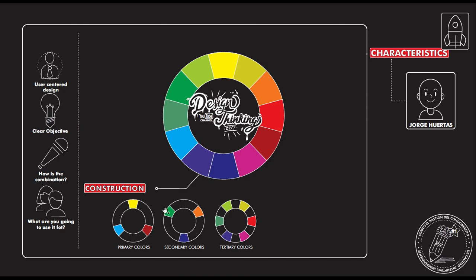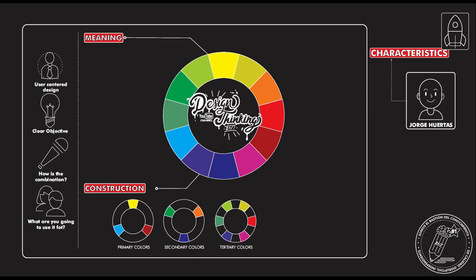When you combine those colors between each other, you start creating different kinds of inks and different kinds of colors. So you have tertiary colors, and all of those combinations are possible between the first three primary and the secondary colors. So those are very important.